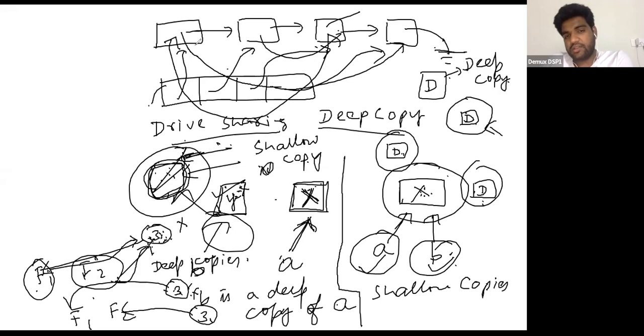So through this you can access the list. It's a shallow copy, but you want to replicate this one exactly. You want to create an exact replica of this list. That's basically the problem.